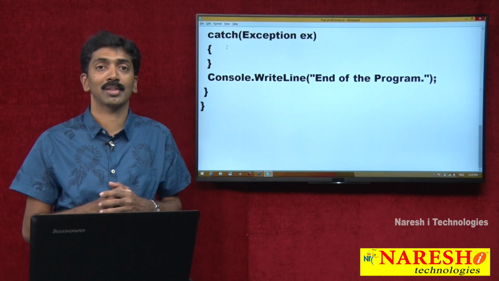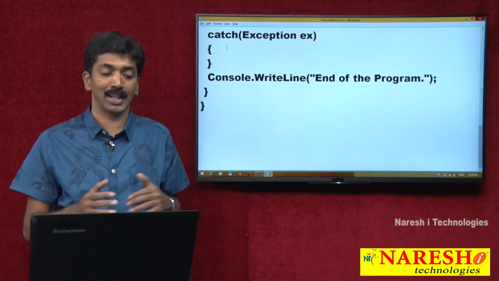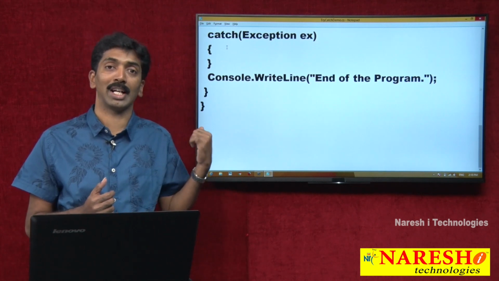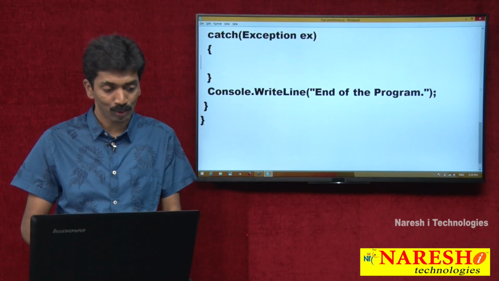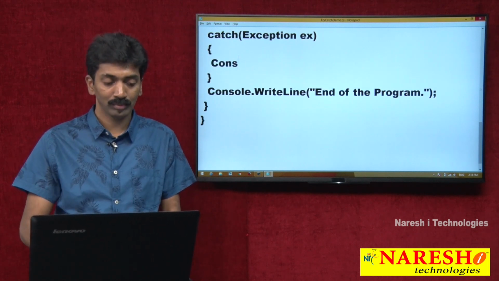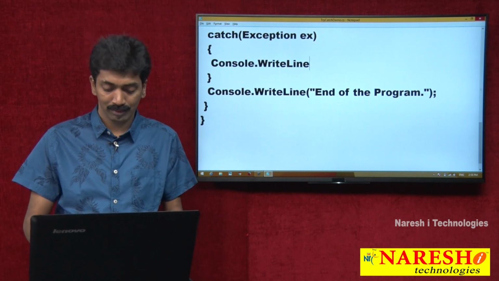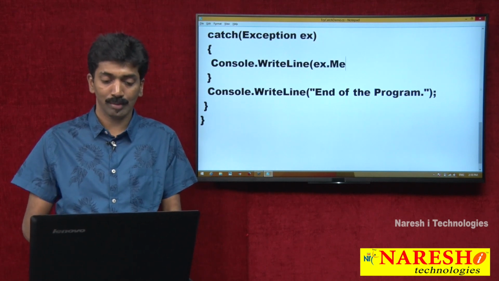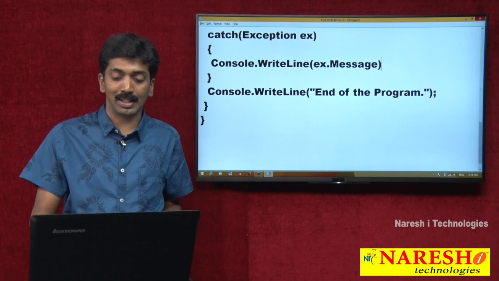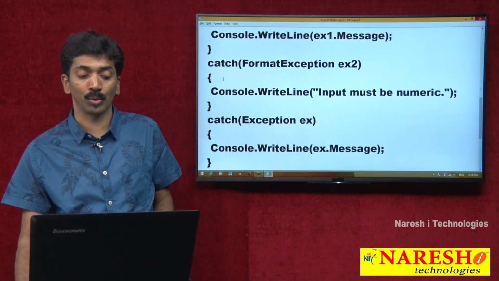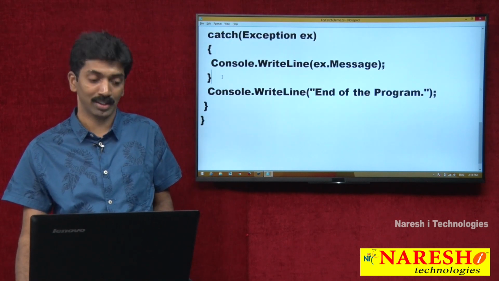You cannot escape from else. You cannot escape from default. Exactly, you cannot escape from this catch block also. So what to do? Console.WriteLine ex.message. Whatever exceptions are not caught by the two catch blocks, this catch block will catch now.